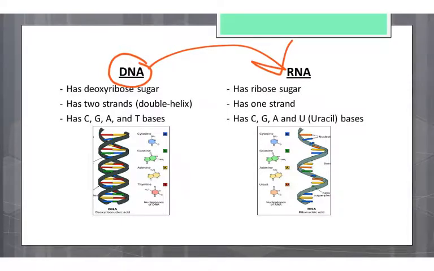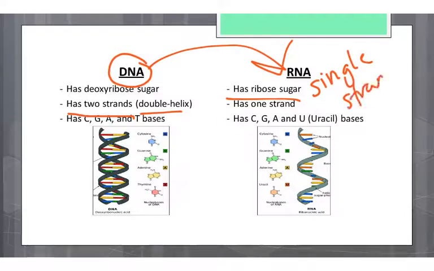So looking at a comparison, DNA has deoxyribose sugar, where RNA has ribose sugar. DNA has 2 strands, which is a double helix. RNA has 1 strand. We also refer to this as single-stranded in some terminology.